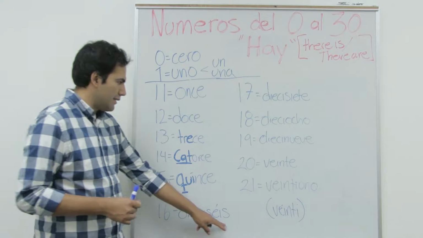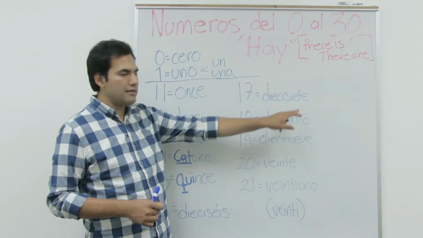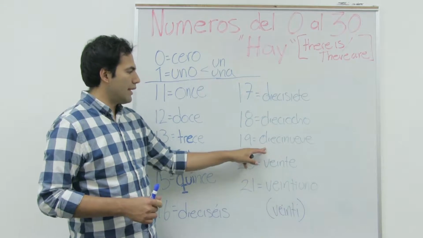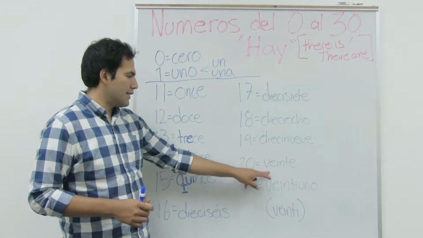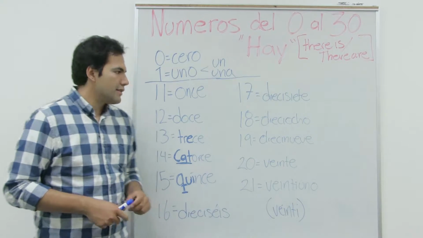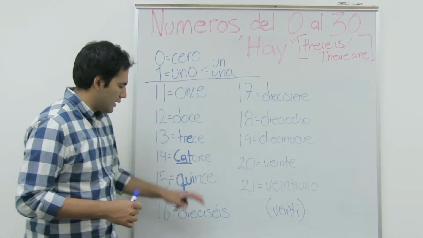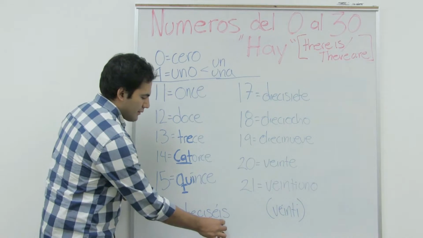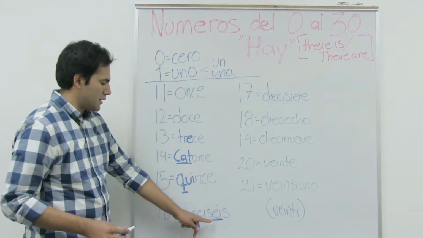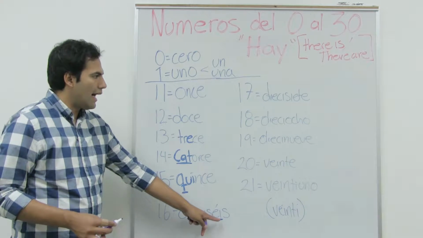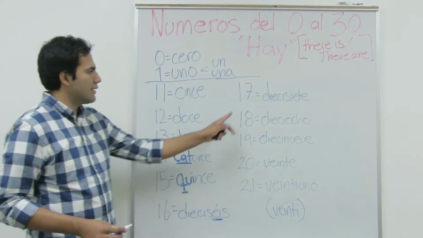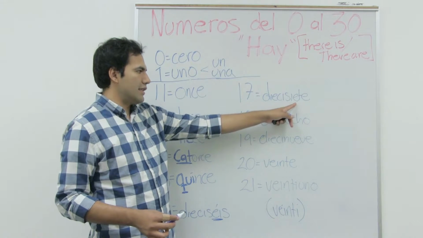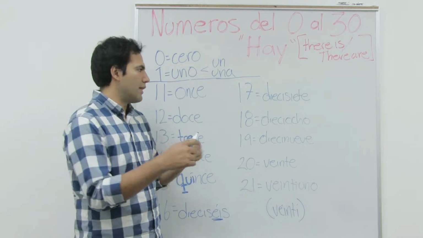Then 16, 17, 18, 19, 20, 21. So let's talk a little bit about 16 and 17. Here's where I've seen some confusion too, with the E and the I together on 16 and 17. They kind of switch spots.